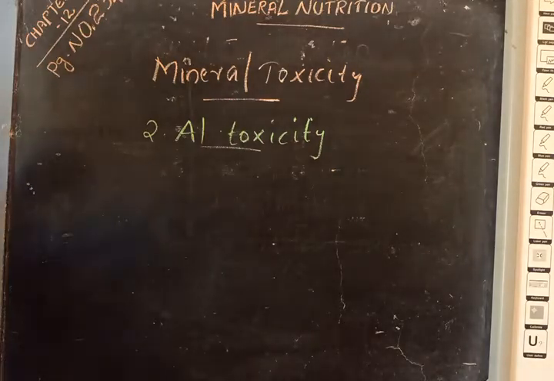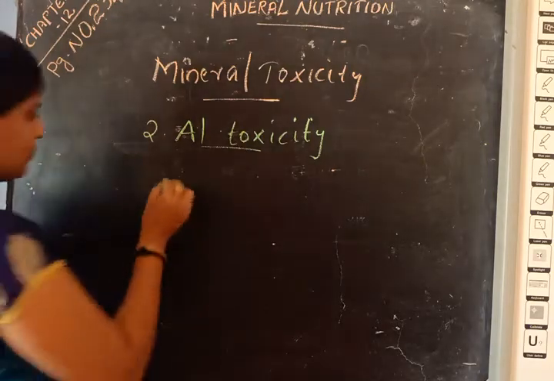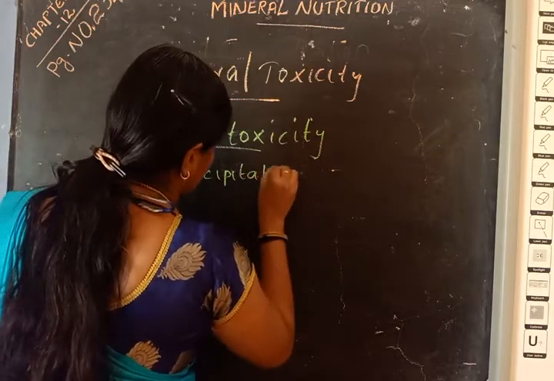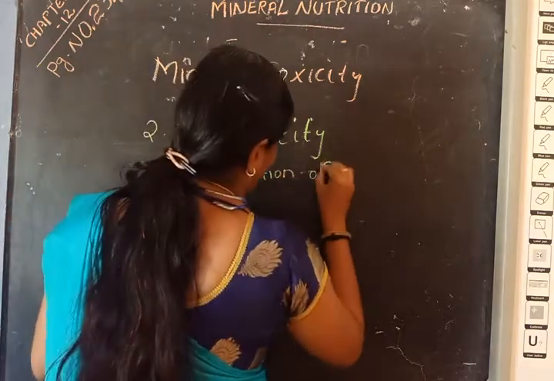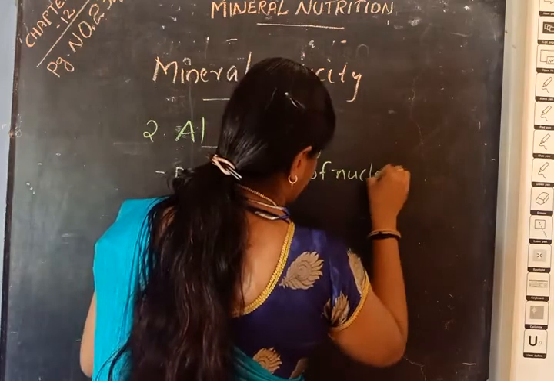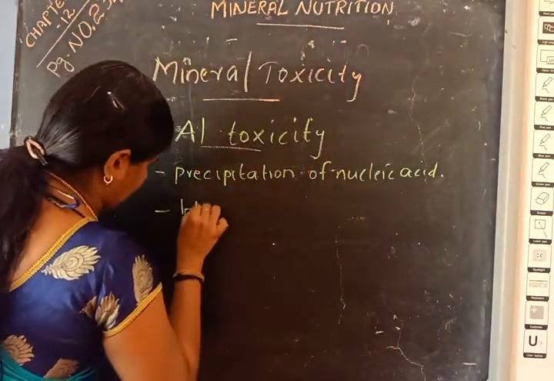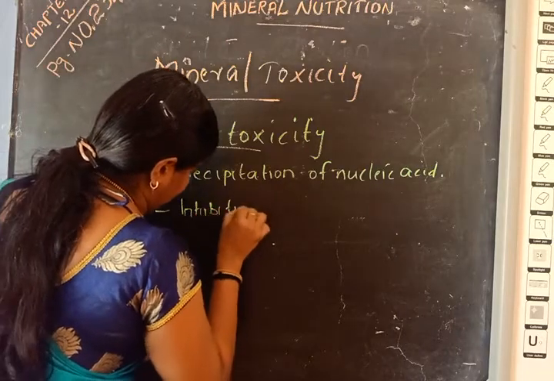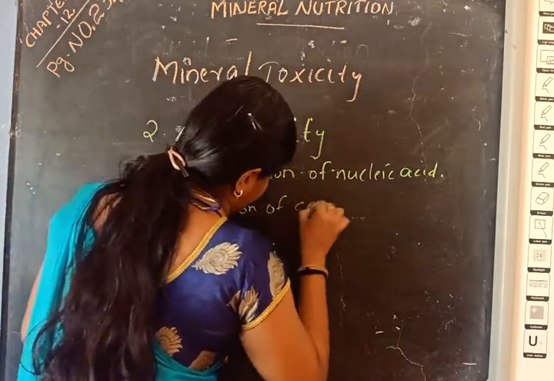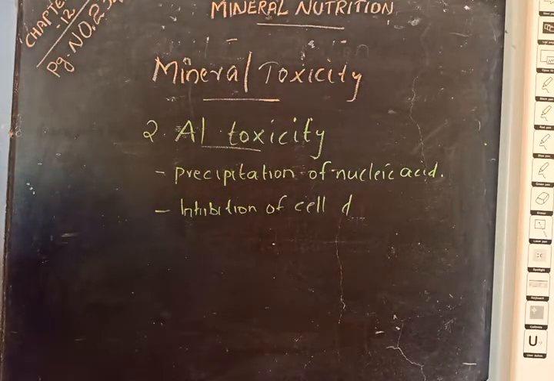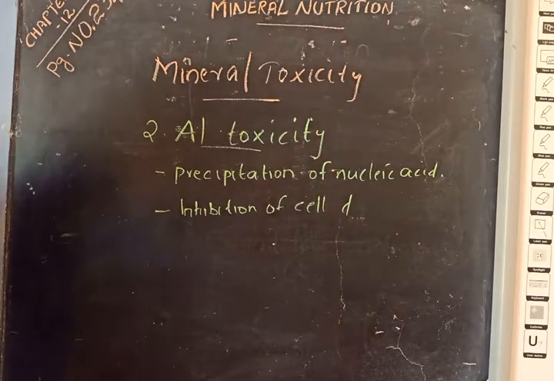So, aluminium toxicity causes precipitation of nucleic acid, inhibition of cell division and inhibition of ATPase enzyme and binding of plasma membrane with calmodulin.